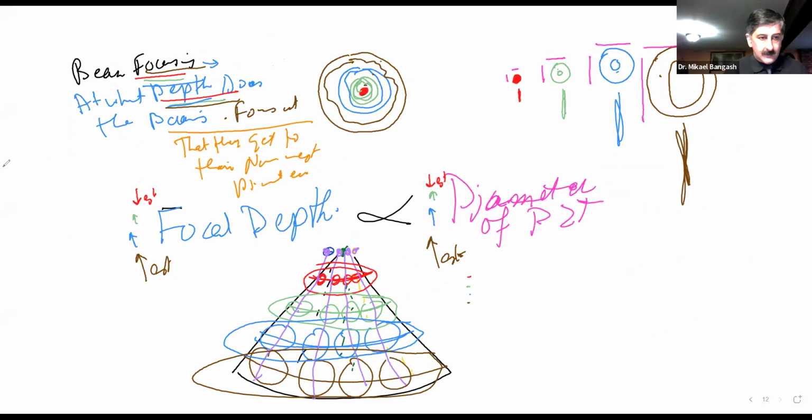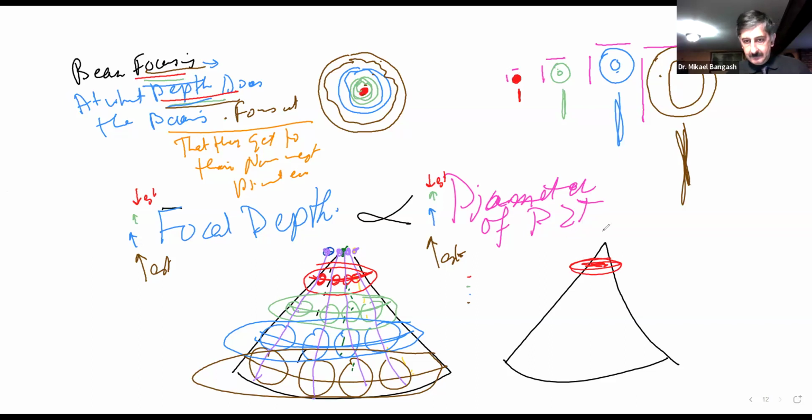Now, guys, what I said earlier was, if this here was our image, this depth here of the image was made by the small PCT.